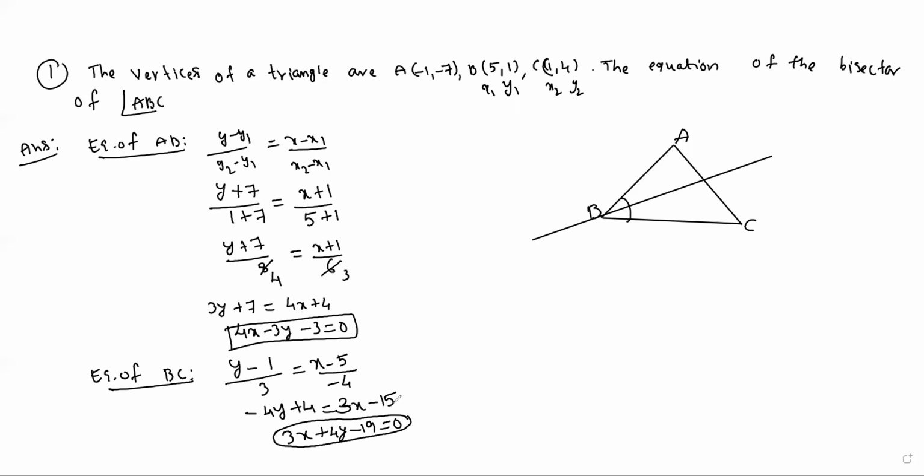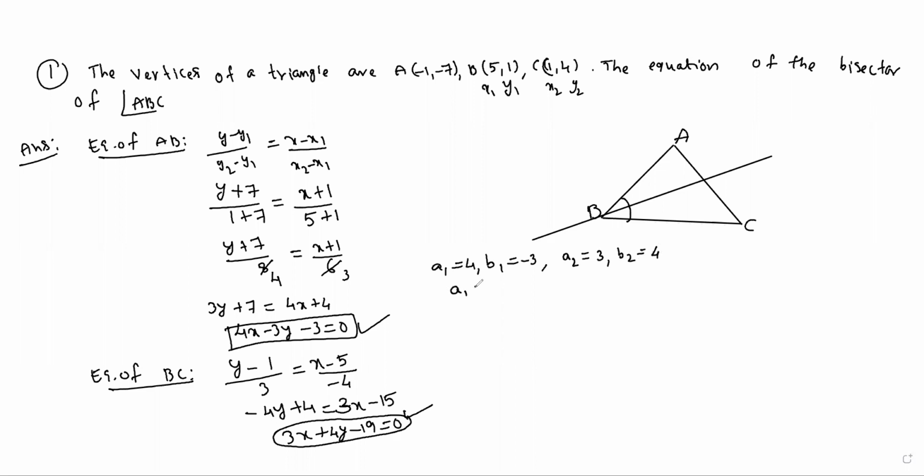Now, which bisector we need to take in this, either the plus symbol or the minus symbol, we don't know. For that, as I told you already, find the values of A1, A2 and B1, B2. From the first line AB, A1 is 4, B1 is minus 3. C1 is not required in this case, don't take it. From the second line BC, A2 is 3, B2 is 4.